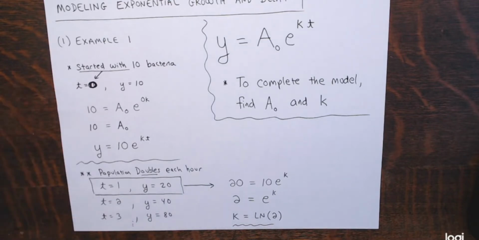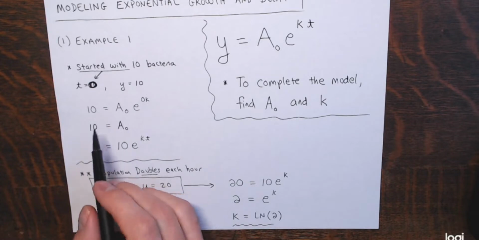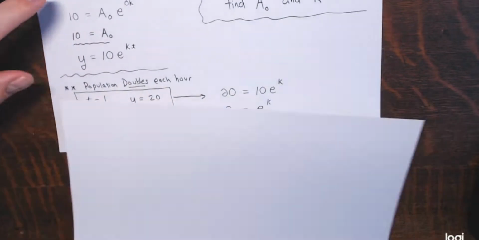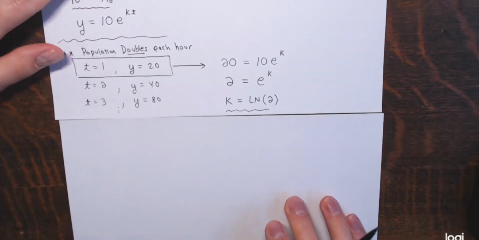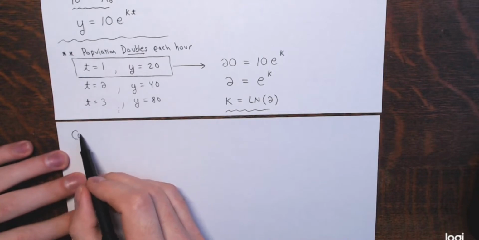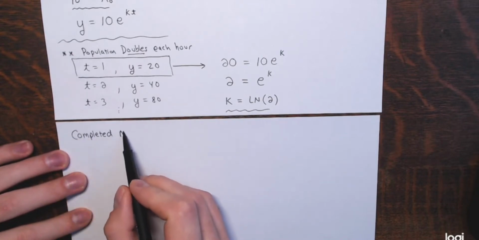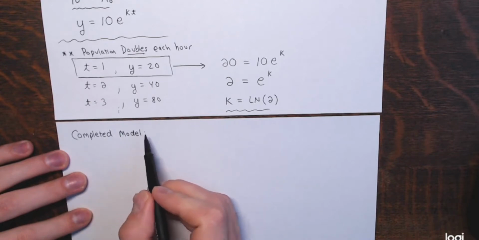So now I have the model complete. The a sub 0 is 10, and k is the natural log of 2. So I'll put those in. So now the completed model looks like this.